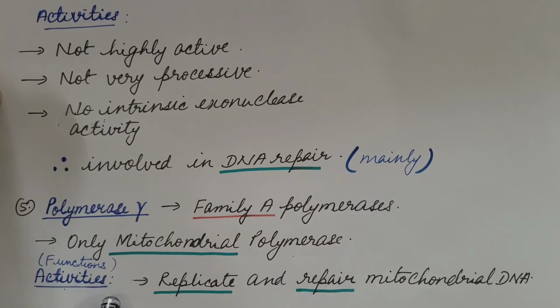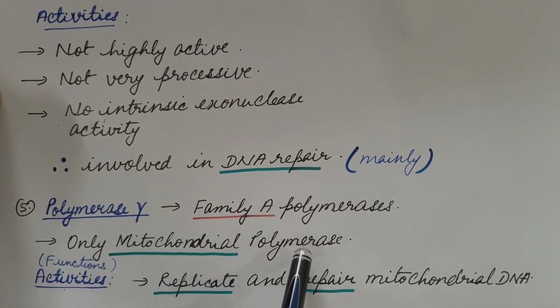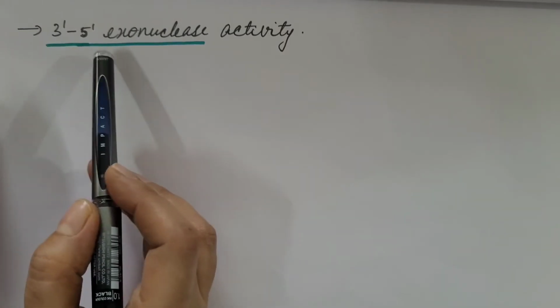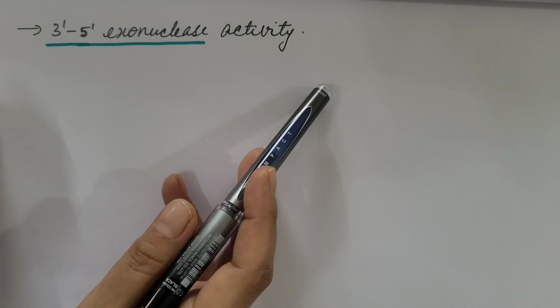Functions and activities. It replicates and repairs mitochondrial DNA. Since it is the only mitochondrial DNA polymerase enzyme, it performs all the functions related to DNA replication and repair. It has 3'-5' exonuclease activity.